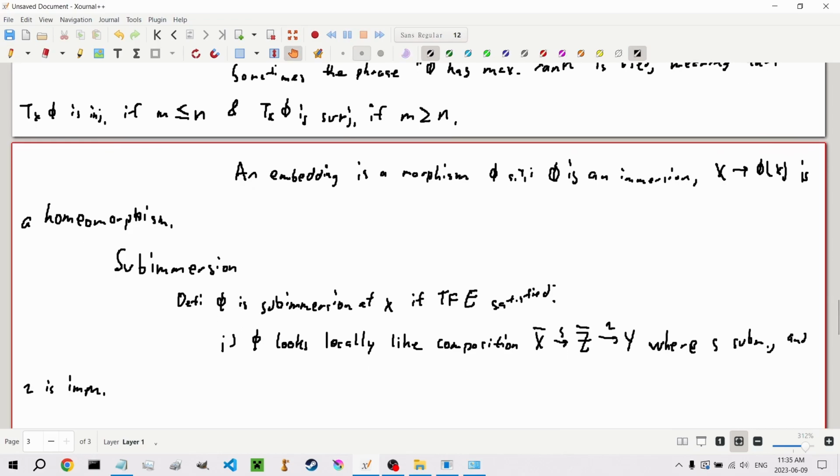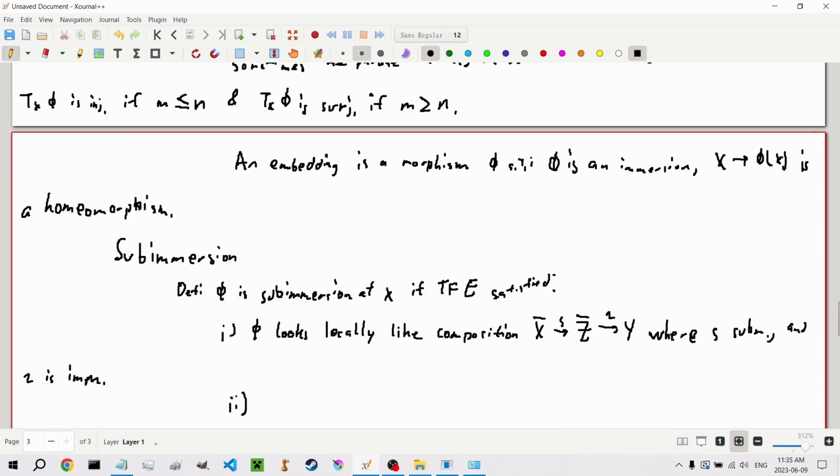Or alternatively, we can think of this as phi looks locally like a linear map, phi bar from E to F. Of course, these being vector spaces with no constraints on the relative sizes of their dimensions.